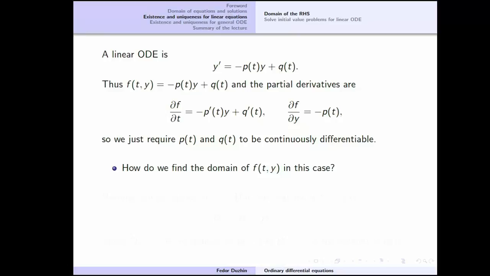Now let's think of the domain. In general, when you find the domain of any function, what you really need to think about is which points do not belong to the domain. So in other words, for which values of the independent variables your function is undefined, when you cannot compute the value. Right?